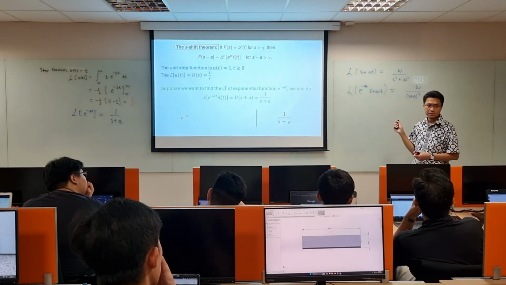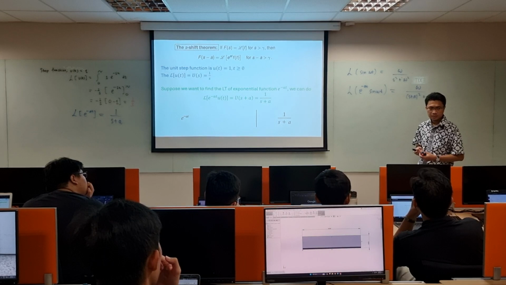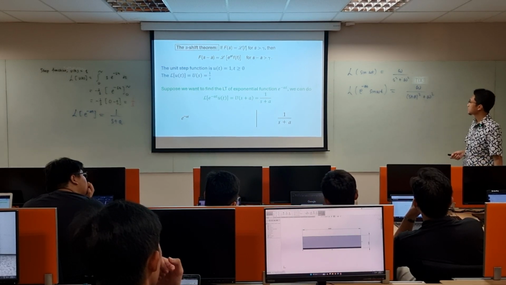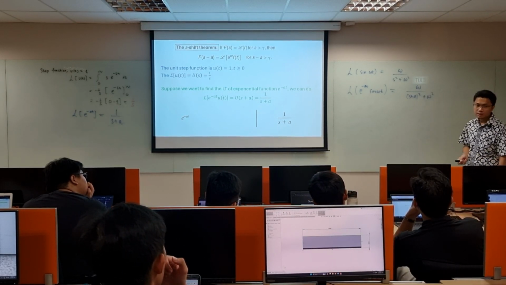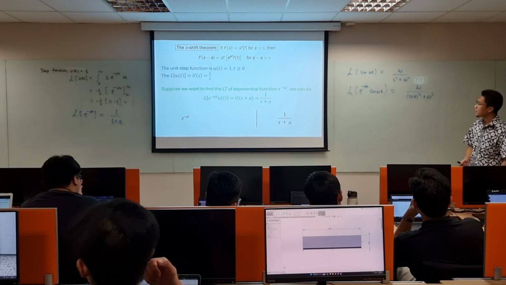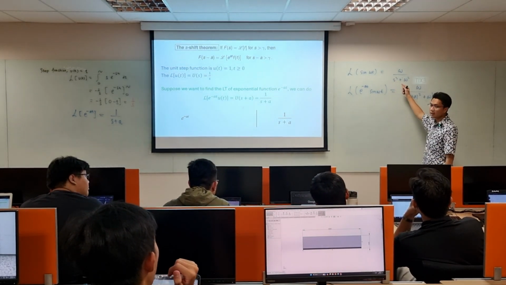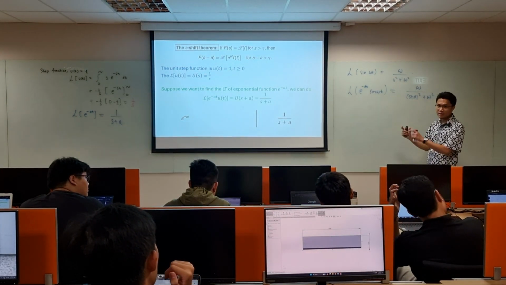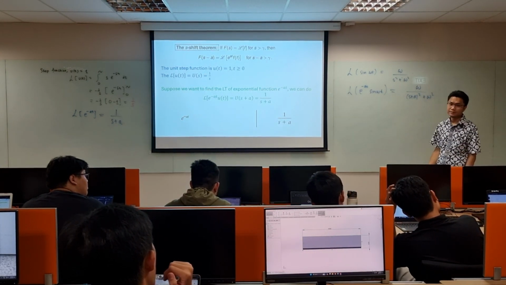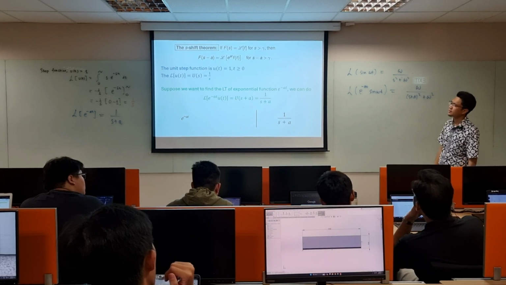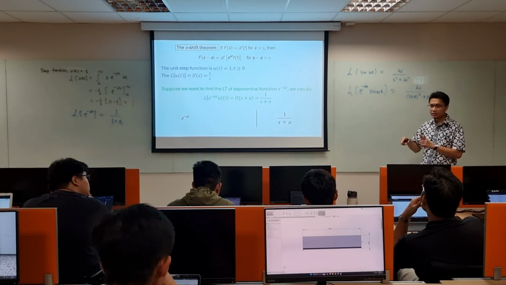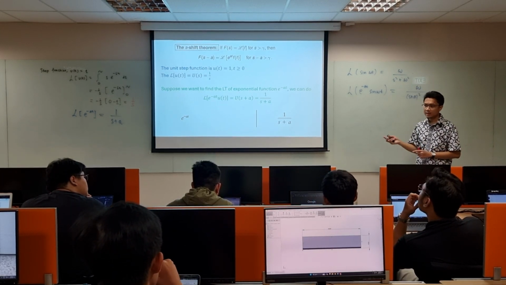Any question on this? You replace s by s plus a, yes, we just replace the s. The t shift theorem is a bit different, not like this one.